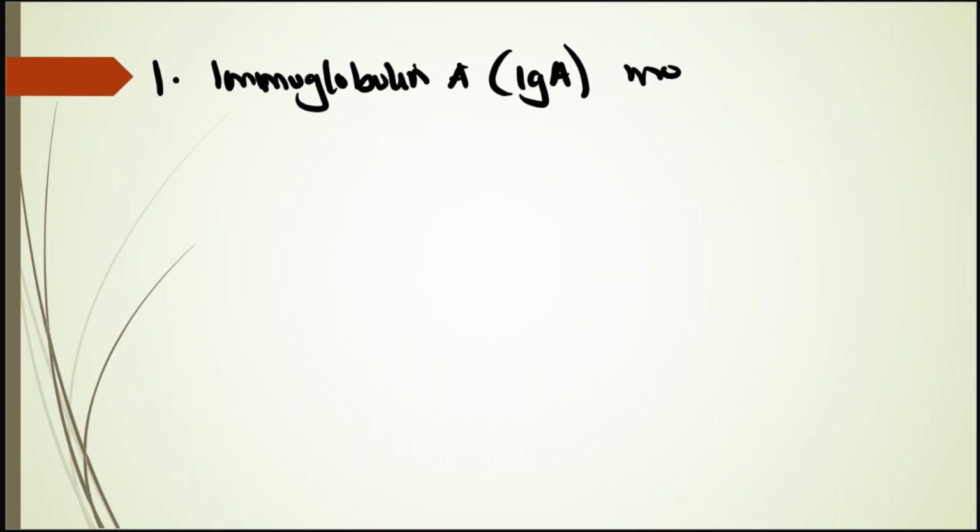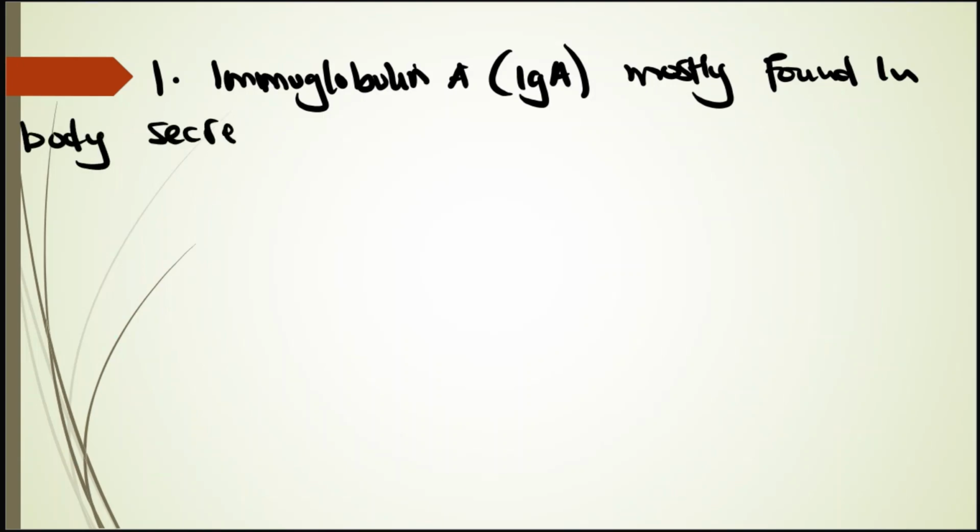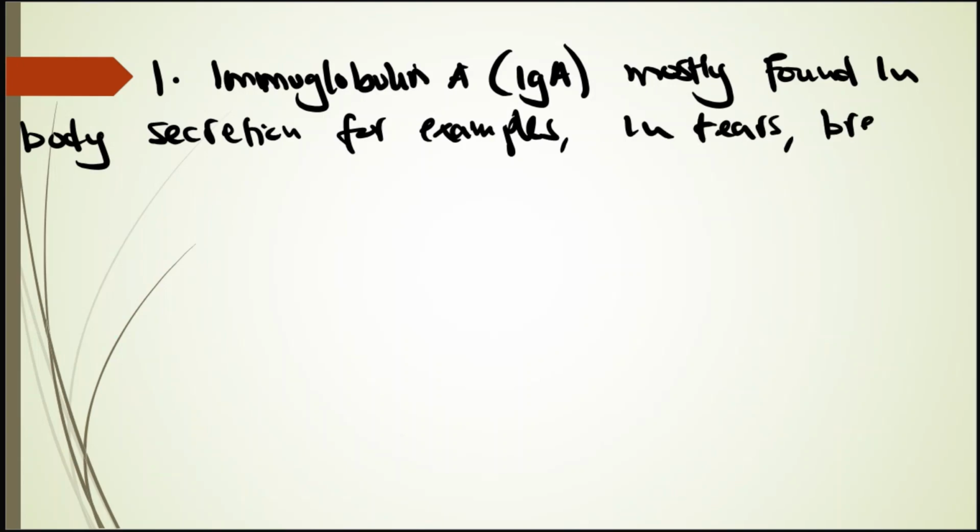IgA is mostly found in body secretions, for example in tears, and in breast milk, especially the breast milk that is secreted in the first days of breastfeeding, which is called colostrum. Colostrum has a high quantity of immunoglobulin A. This immunoglobulin A will go and provide immunity to the baby.